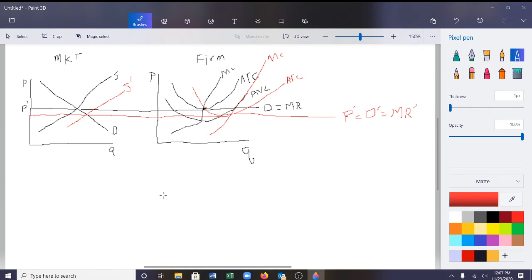And the reason that we move to this point where the new price is going to be equal to the intersection of supply and demand, we talked about that in our supply and demand models a few weeks ago. But here is the firm level example of this.